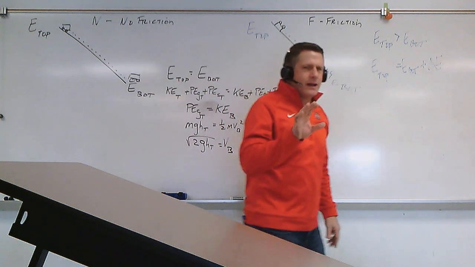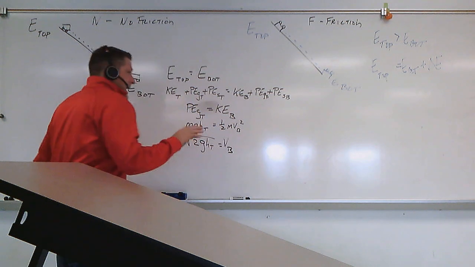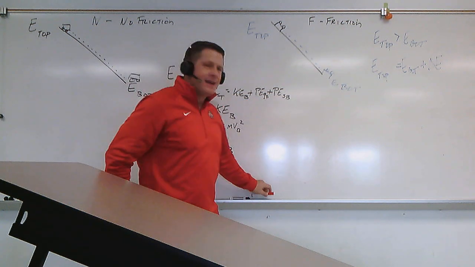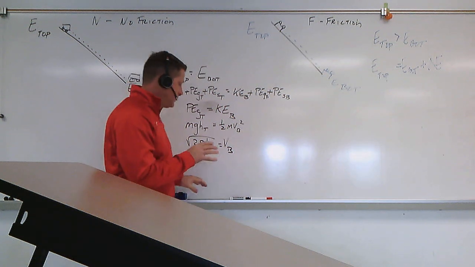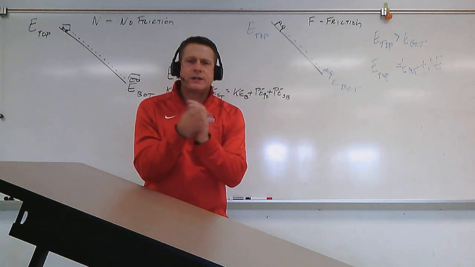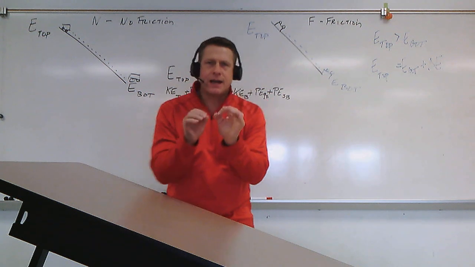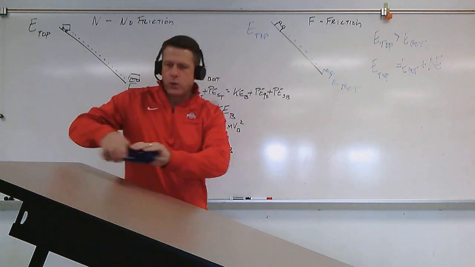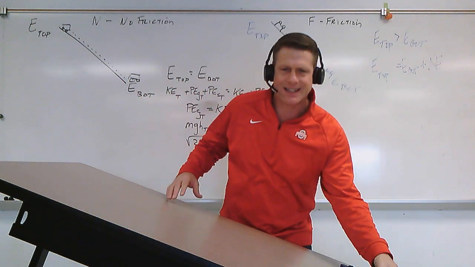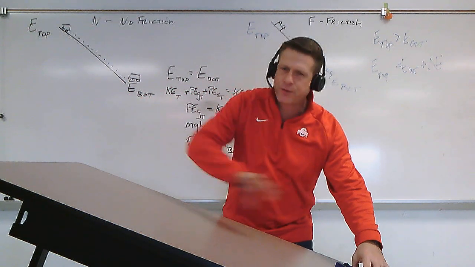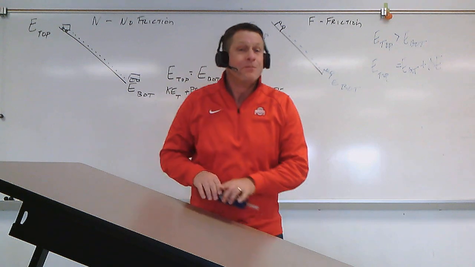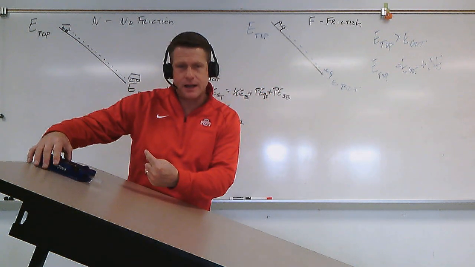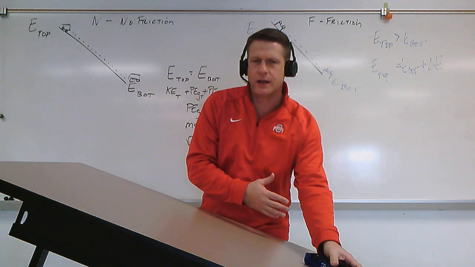Now, again, this energy can't go away. What's happening here is that friction is doing work. So what have we talked about? Changing mechanical energy requires work to be done. What's doing work on this car as it slides down the incline? Friction is doing work. It's doing negative work because friction acts up the incline while the car moves down the incline.